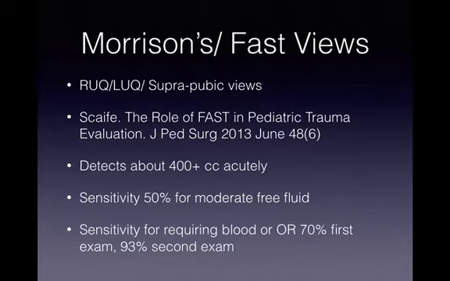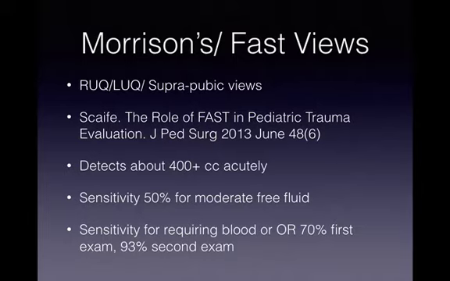We've looked at all of these things, and what a positive FAST view tells us is there are 400 cc's or more of blood in the abdomen. Its sensitivity is about 50% for moderate free fluid. So this is not a perfect test, and this is why if we're going to send somebody home after blunt trauma, we're going to do a CT, because a FAST exam is not accurate enough to send somebody home based on.